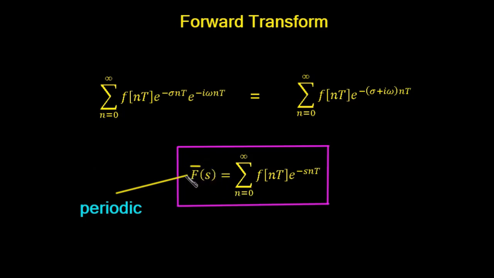Now the most important thing about this is I've put a little bar over the top to tell you that this function here is actually going to be a periodic function, and this is the most important part of what we've done in this video, is the fact that the discrete time Laplace transform is going to be periodic. Now we've seen that in previous videos.